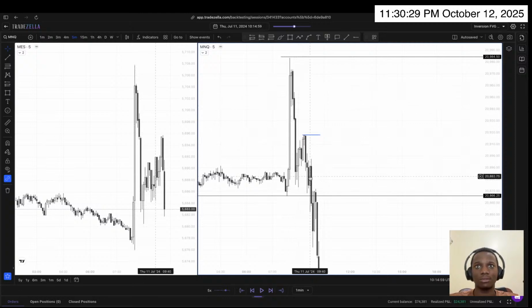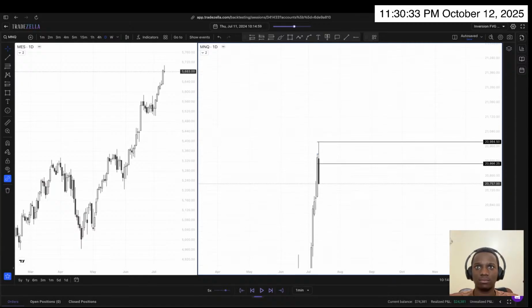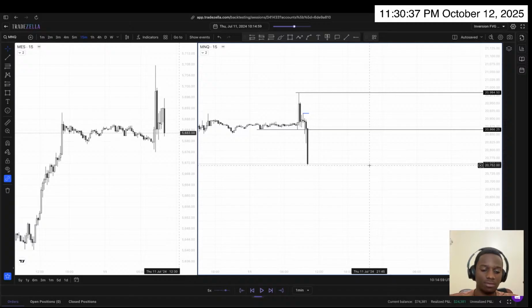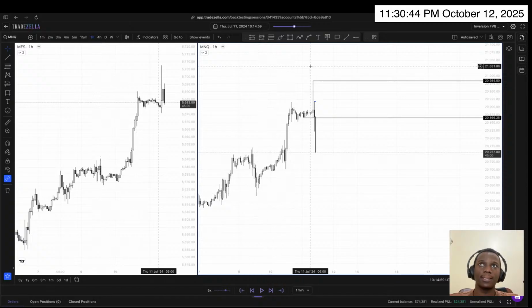Inversion, please. Okay, I think it's flipped bearish, sorry. Got this sell side here.